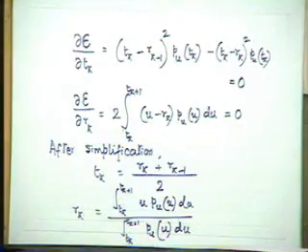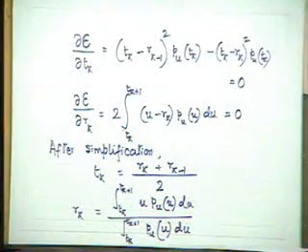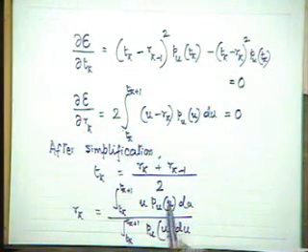This is what we get as the expression for Tk and Rk. Tk is expressed in terms of Rk, and Rk is being expressed in terms of u and pu.